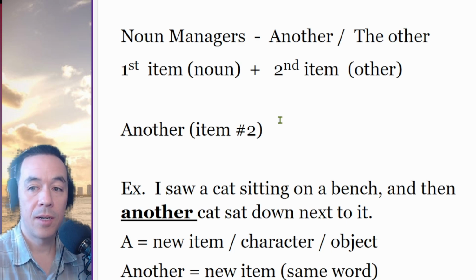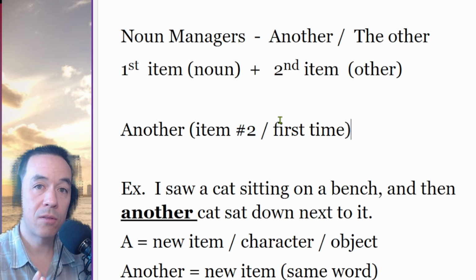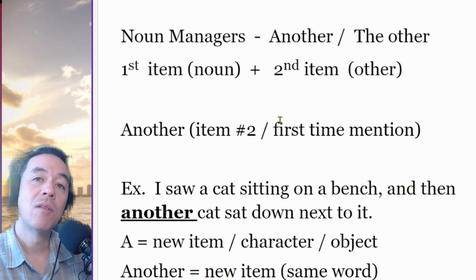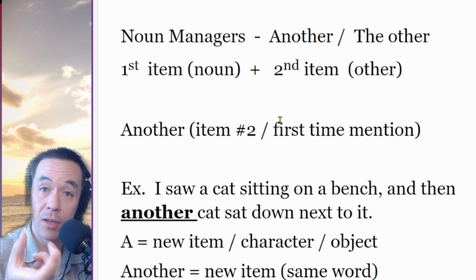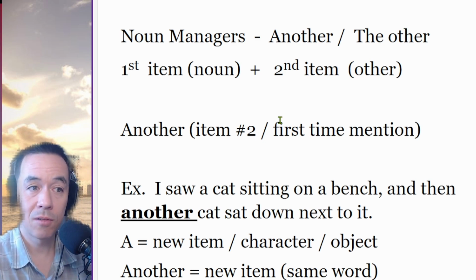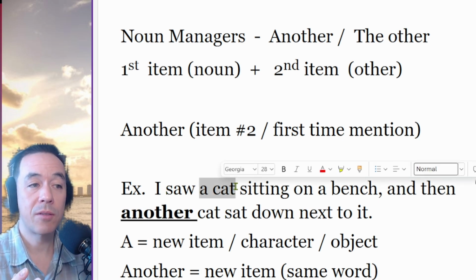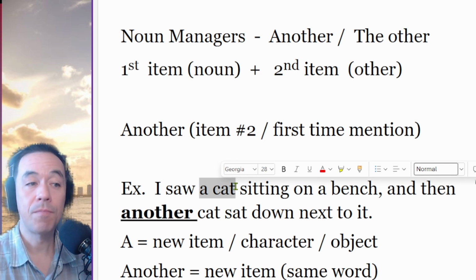But it's the first time, so it's what I call a first time mention. And I'm going to say mention means talked about or shown. I'm telling this to the listener, right? So I saw a cat. A cat means it's the first time I'm mentioning it to you. Look, there is a cat.